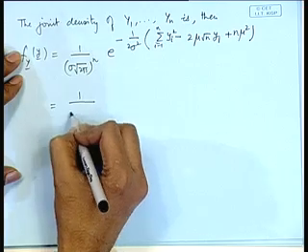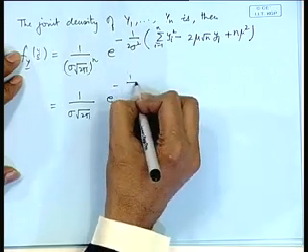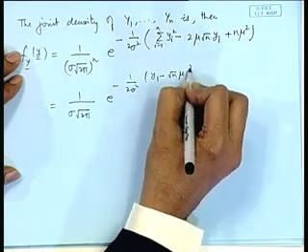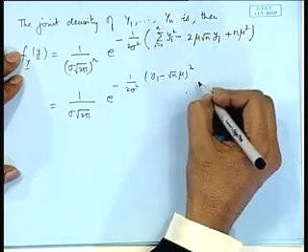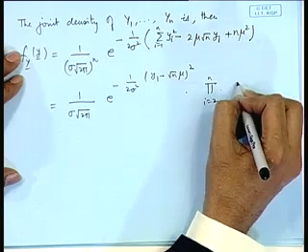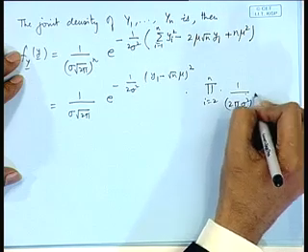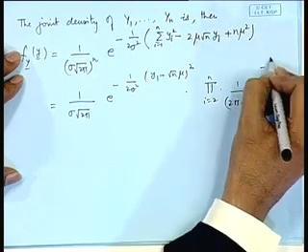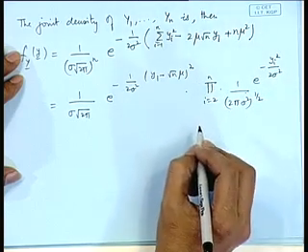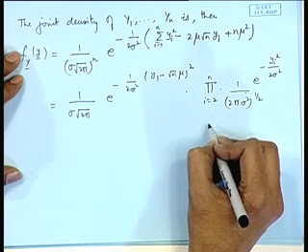So, we can represent it as 1 by sigma root 2 pi, e to the power minus 1 by 2 sigma square (y1 minus root n mu) whole square, and the other terms we write separately as product i is equal to 2 to n of 1 by (2 pi sigma square) to the power half, e to the power minus yi square by 2 sigma square. The range of the transformed variables, each of these yi's, is also from minus infinity to plus infinity.